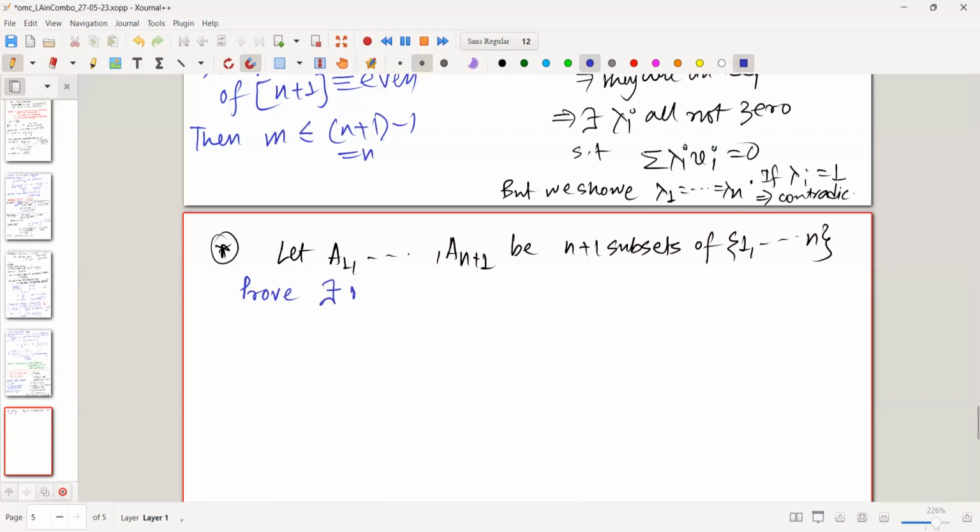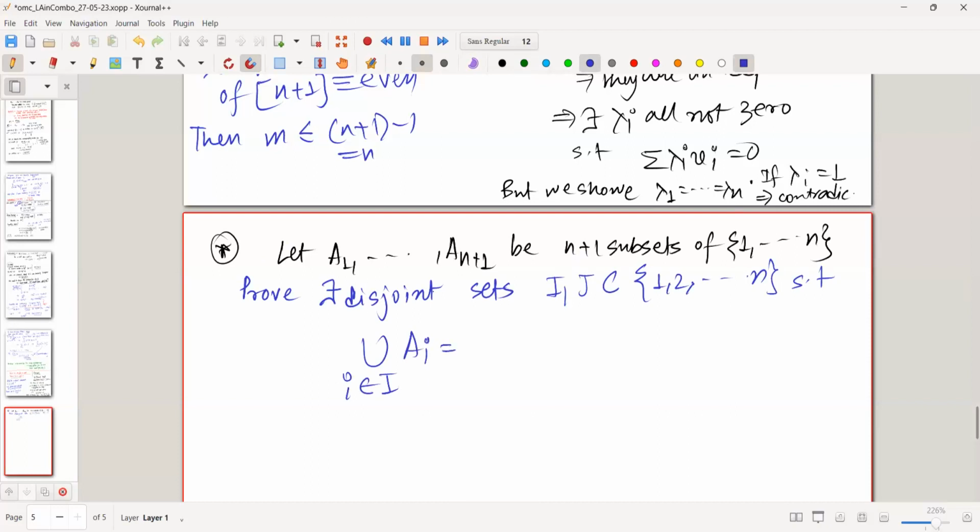Prove that there exist disjoint sets I, j belonging to 1 up till n, such that the union of Ai over i in I, with I and j non-empty, equals the union of Aj over j in J.